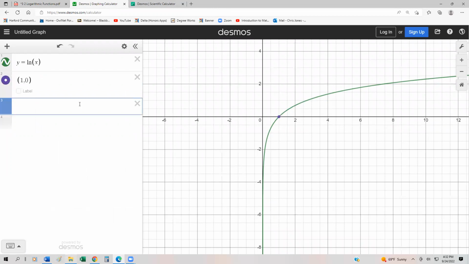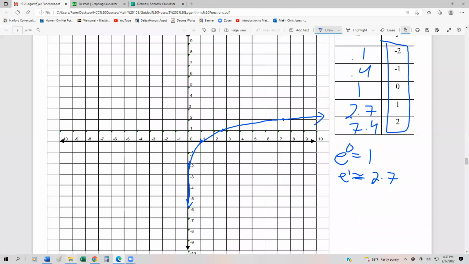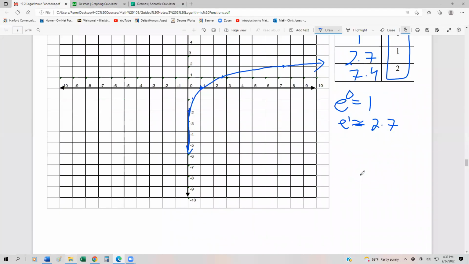We had the point 0.1 comma negative 2, which fell on the graph about. And then just one other point to be certain, we had 2.7 comma 1, I believe. Those aren't the exact values, but they are at least on the graph, so they look pretty good. So that's our natural logarithmic function.